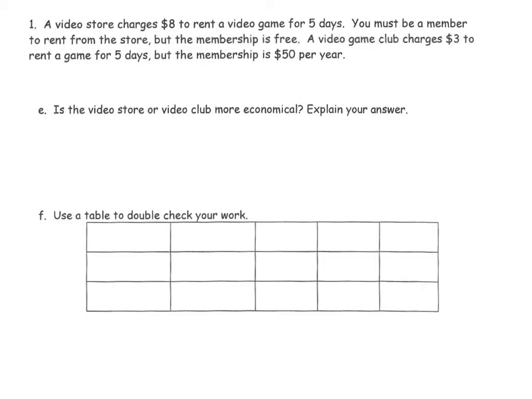Okay, so E. E is the answer that we just compared, if I rent 12 games versus if I rent 8 games. For F, do you need a table to check? Can you think of what we would use the table for?